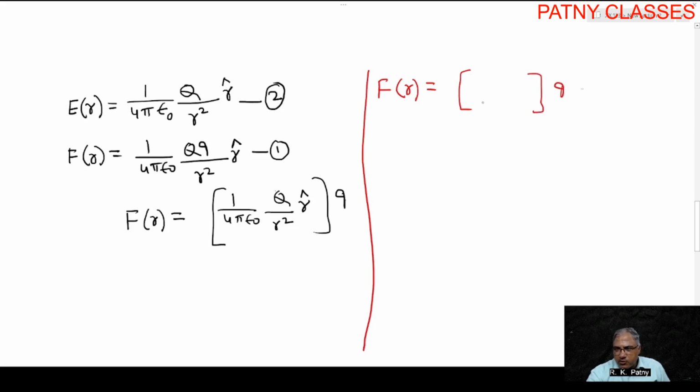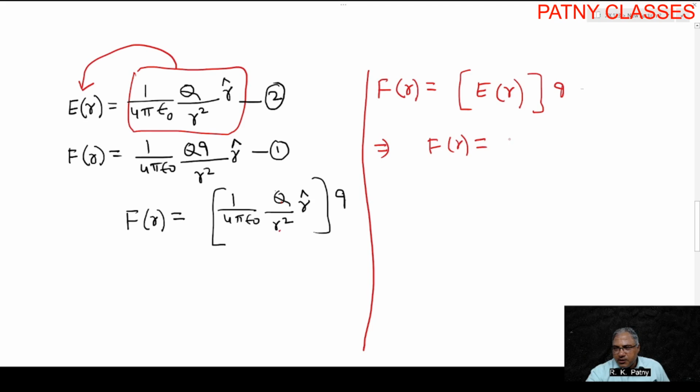What we have to write in the bracket, 1 upon 4 pi epsilon naught Q upon R square multiplied by unit vector R, is nothing but E of R. Therefore, F of R equals q into E of R, which implies E of R equals F of R divided by q.